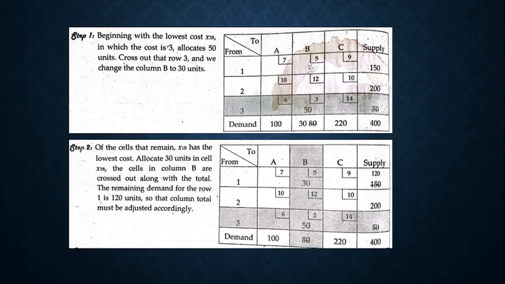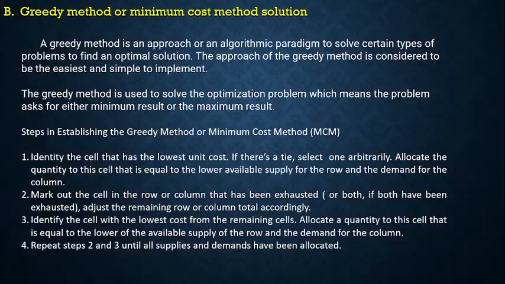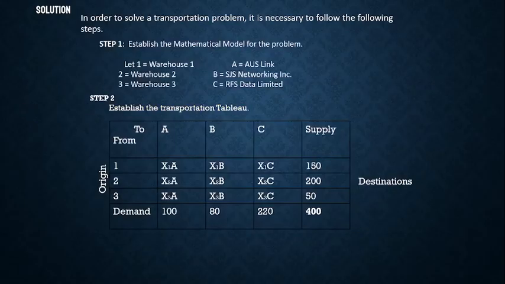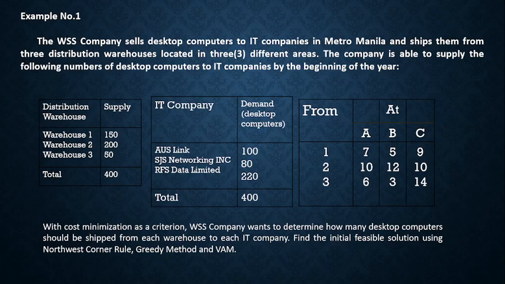Sige. So the same problem. The same problem: WSS company sells desktop computers to IT companies in Metro Manila and ships them from three distribution warehouses located in three different areas.